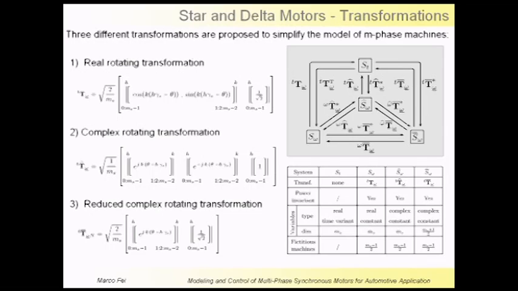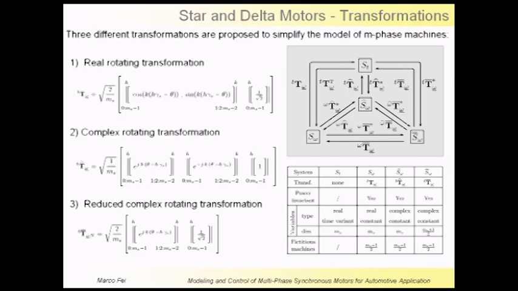In order to write the dynamic equations of the system in a more compact and suitable form, three different transformations have been proposed. The first one is real and the other two are complex. These transformations use a vectorial notation and are power invariant.